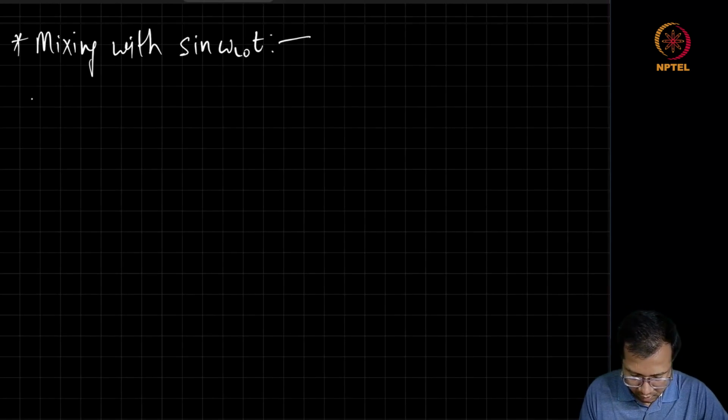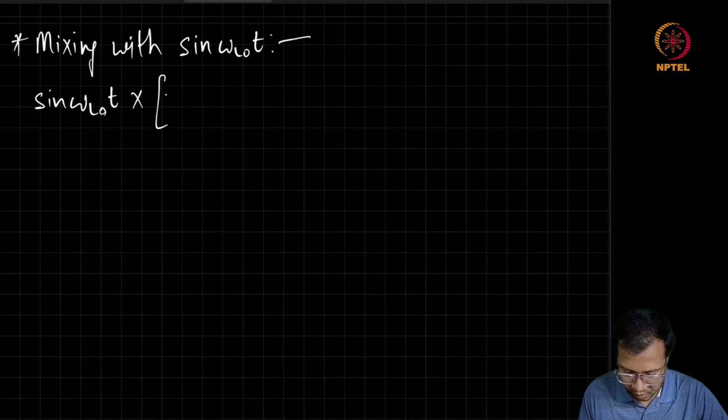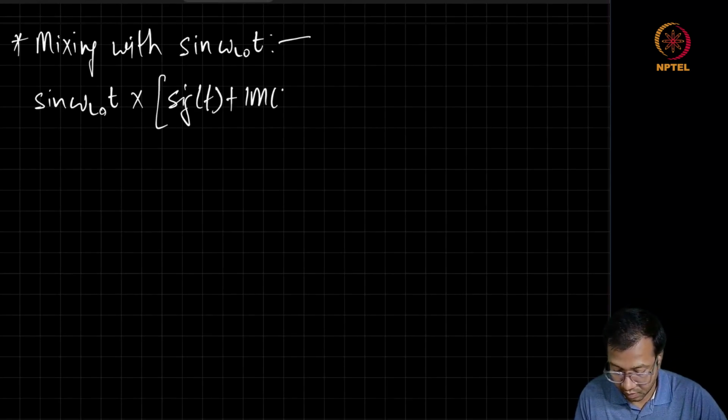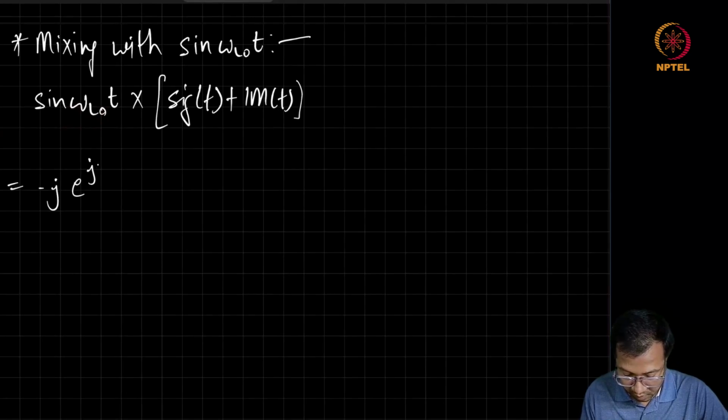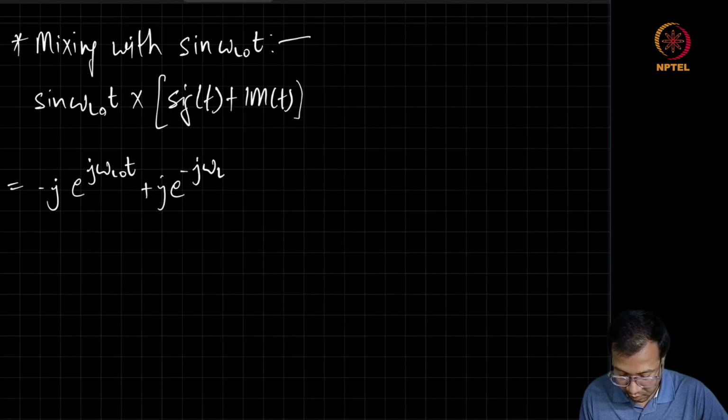Sine omega LO t is being multiplied with the signal plus image, and we all know sine omega LO t is equal to e to the power j omega LO t minus e to the power minus j omega LO t, divided by 2j.